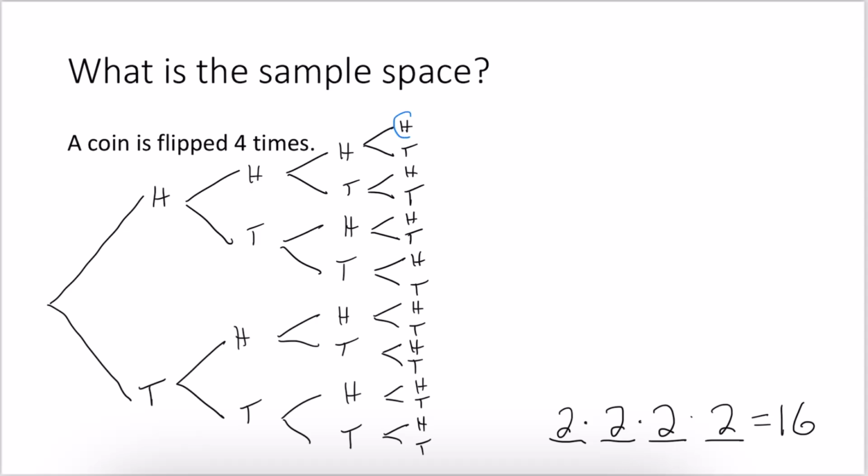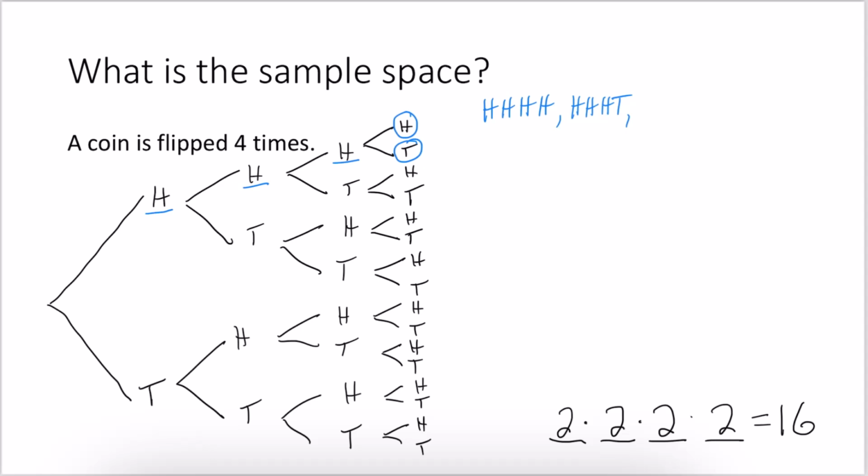This branch of the tree represents getting heads on the first flip, heads on the second flip, and heads on the third flip. So that would be 4 heads in a row. Then this branch of the choice tree is getting heads the first time, heads the second time, and heads the third time, but then a tail. And so that would be another item in our sample space.